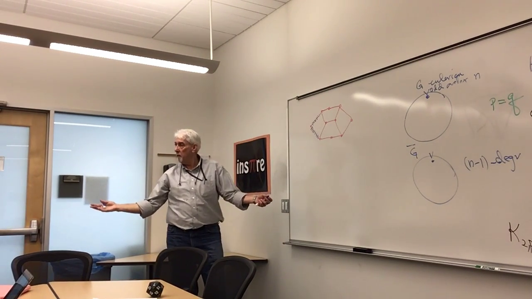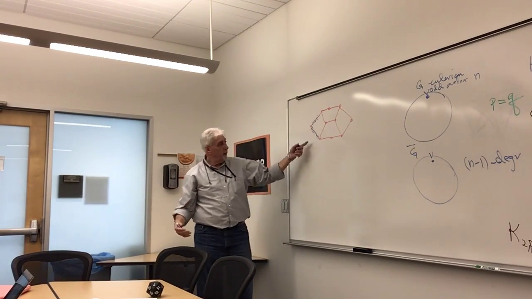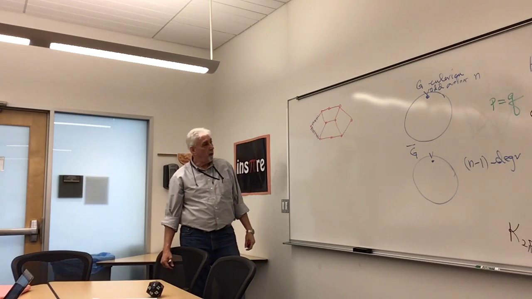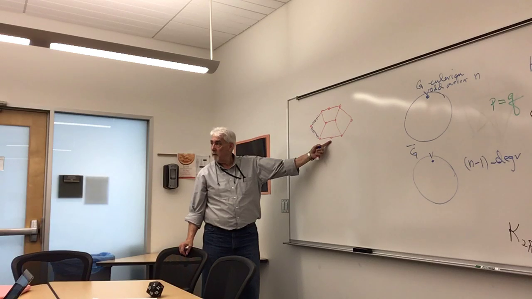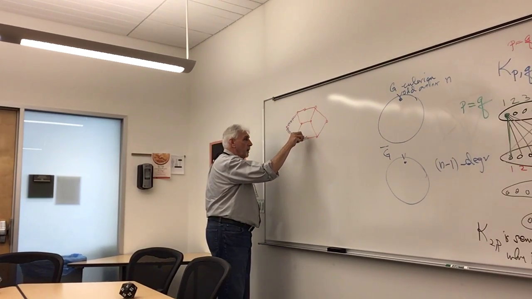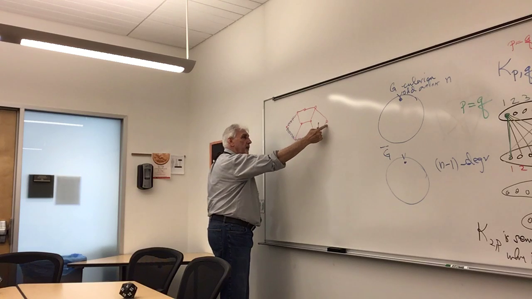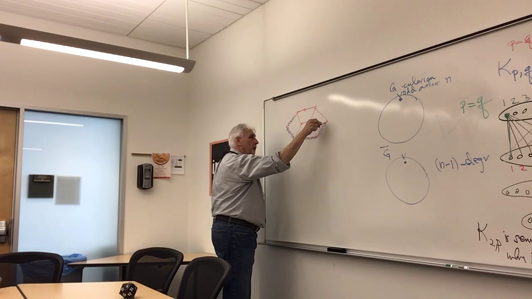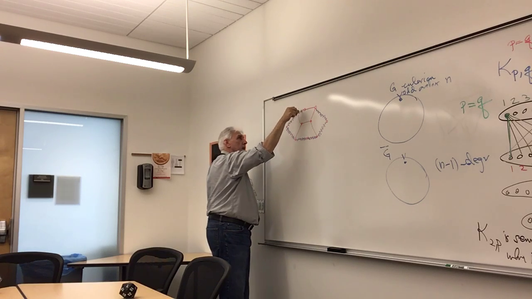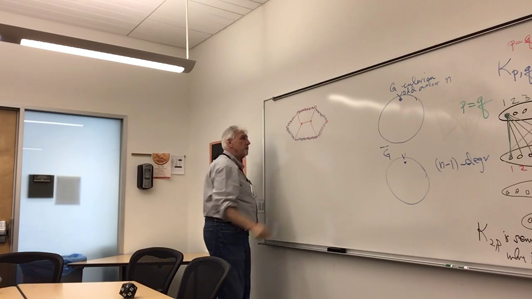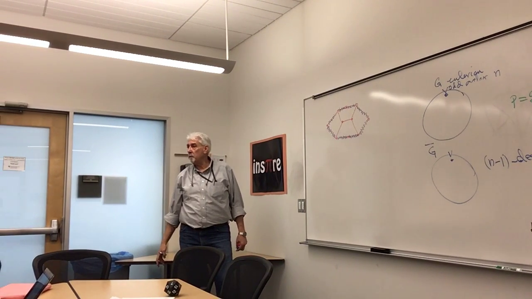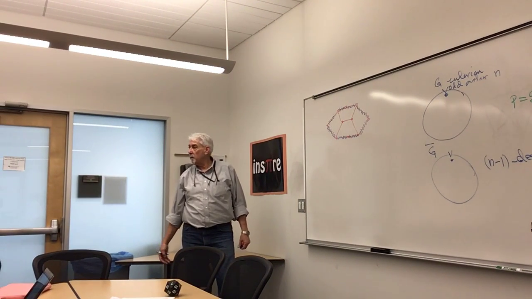Is that clear? There's no other way. We're stuck. We go into this vertex, out of that vertex. There's no other way to get around. Okay, what about this vertex? Well, the same thing. And what about this vertex? And what about this vertex? And now we're done. Well, kind of.